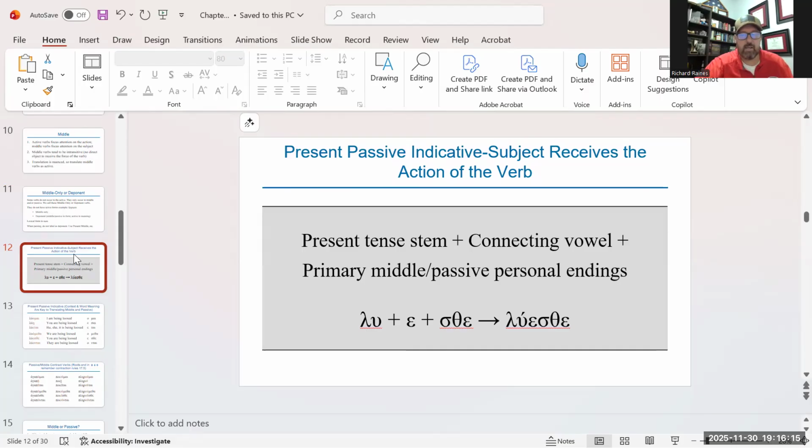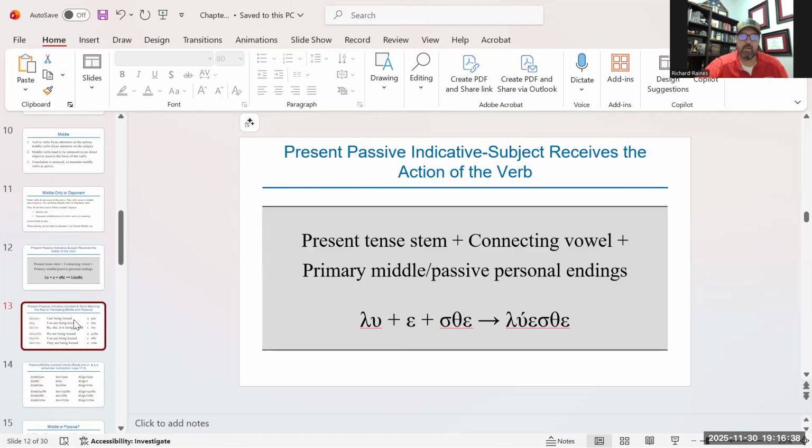And here's how it's formed, just like other verbs. You have the stem. We're going to use luo, I loose, as the example. So the present tense stem will be lu plus the connecting vowel, the epsilon, and then the ending is sigma theta epsilon. So lueste.